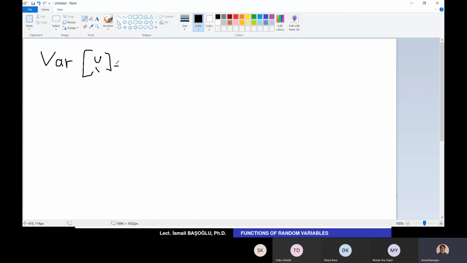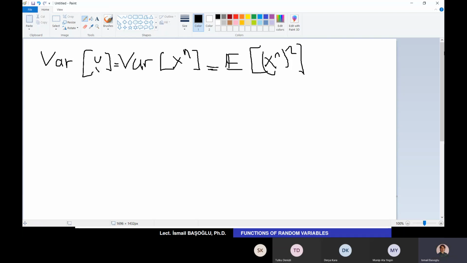And since y is defined as x to the power n, I am supposed to calculate the variance of x to the power n, which is going to be equal to the expected value of the square of the function of a random variable, okay, minus the square of the expectation of the function of a random variable.